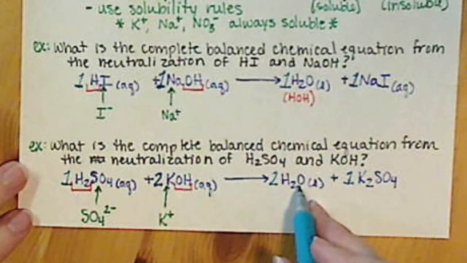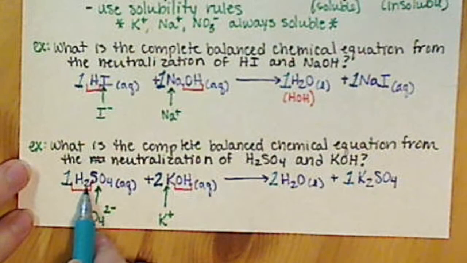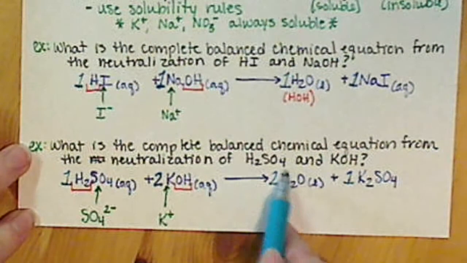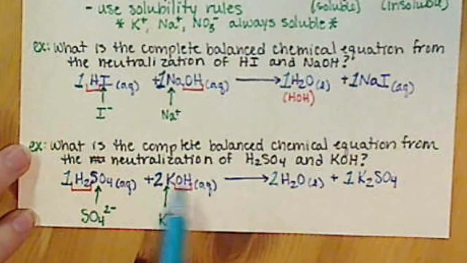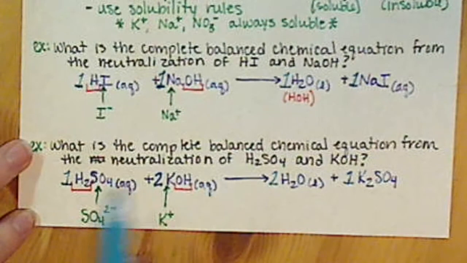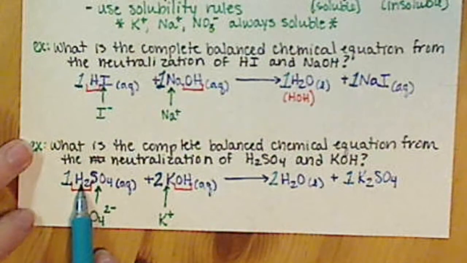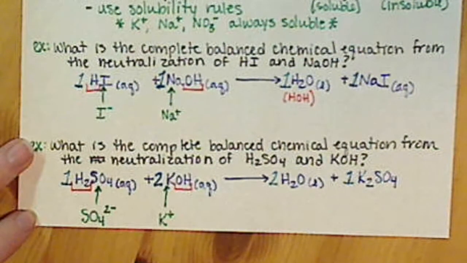So for those of you who are skeptical of this whole ignoring that subscript to begin with, I have 4 total hydrogens. 2 of them come from potassium hydroxide, and 2 of them come from sulfuric acid. So you have to remember that you have to wait until the end to do your balancing.